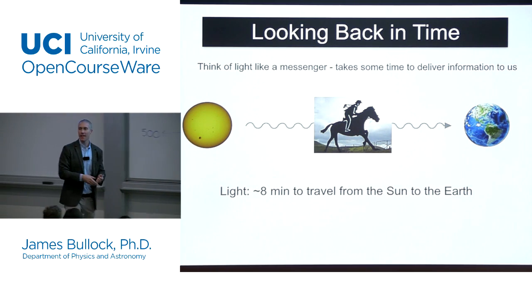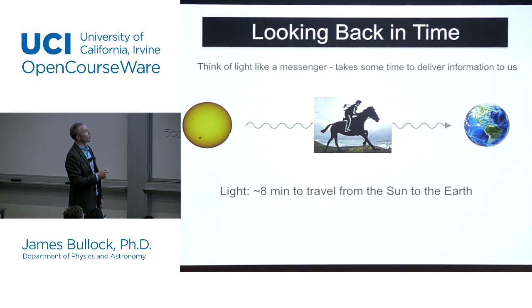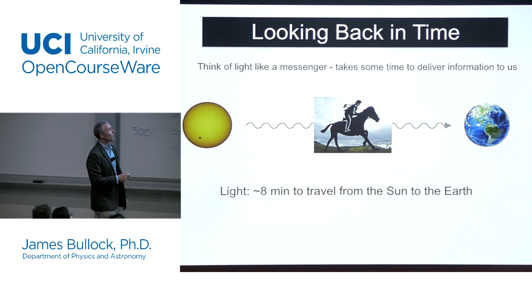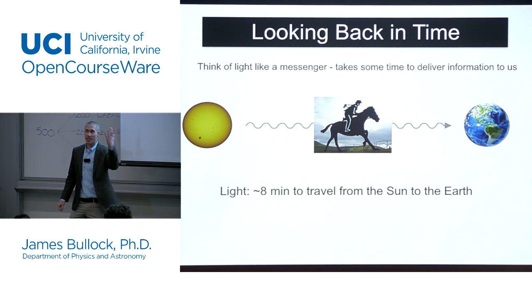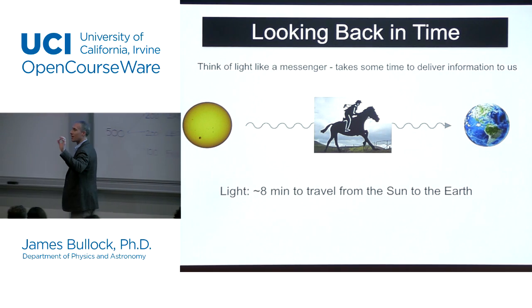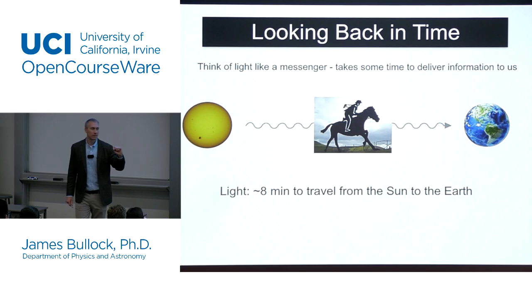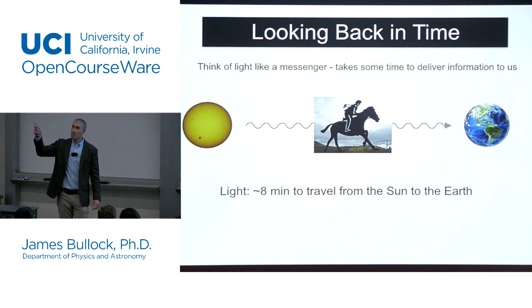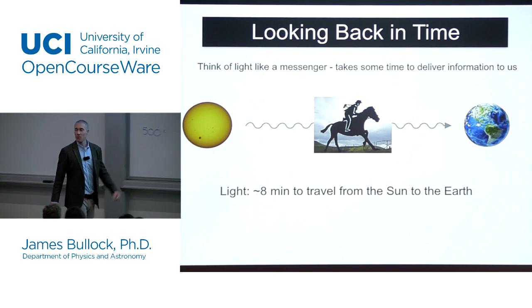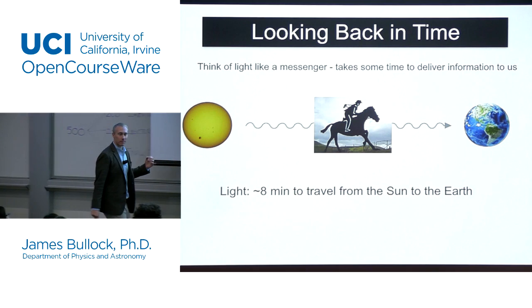You can think of light like that, right? Just a really fast horse. So here's the sun. It takes light about 8 minutes to get to us from the sun. Now, what that means is when you look up at the sky and you see the sun, you're seeing it as it was 8 minutes ago. You're not seeing it as it is now. You see the moon as it was about a second ago, because the moon is a lot closer than the sun.